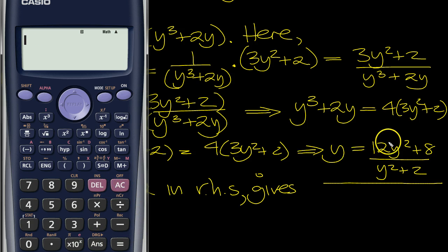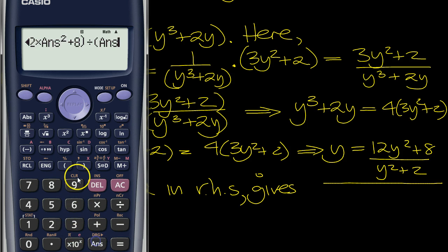So let's cancel that. So it's 12 times answer squared plus 8, divided by, now we need a bracket on the previous stuff, don't we, because it's on the top. So let's put a bracket around it. So that's the top, divided by the y squared plus 2, more than one term.